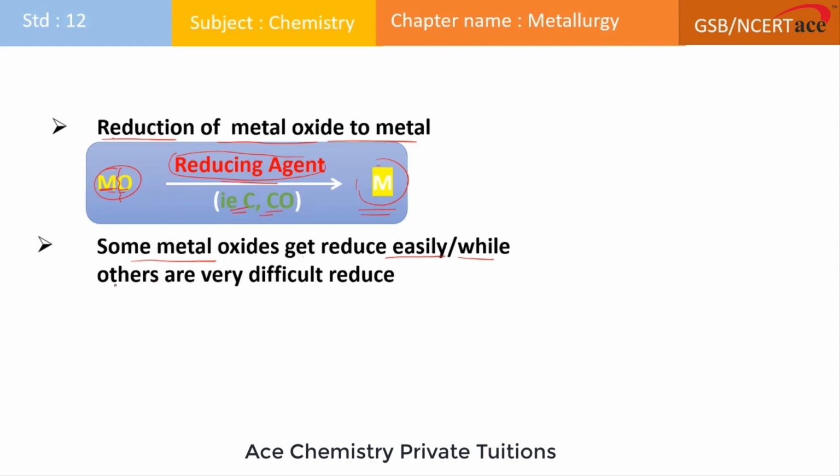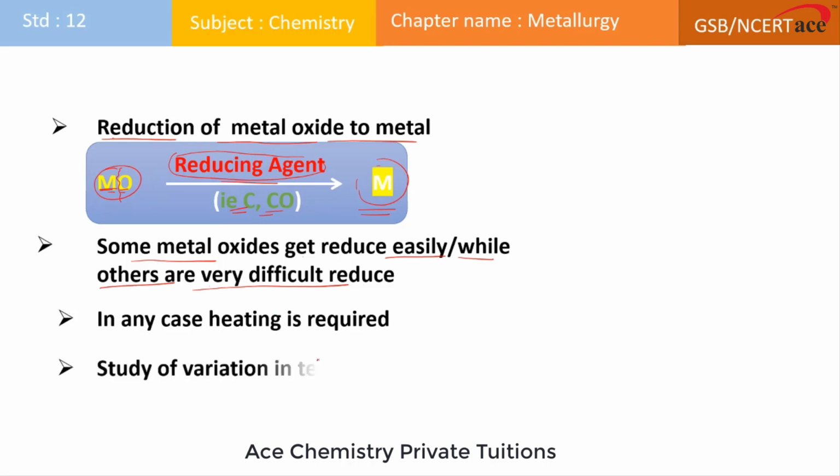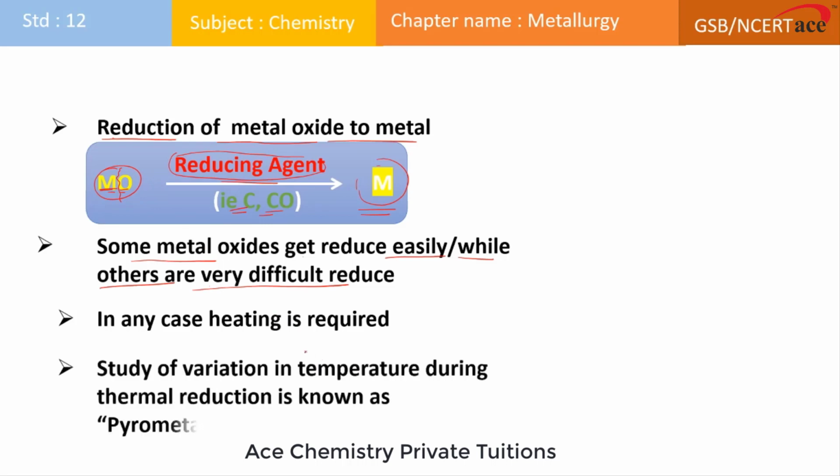So if a metal is more reactive, it is very difficult to reduce its oxide. Whether you take less reactive or more reactive metal oxides, in both cases of reduction, we require what? Heating. So it is very important for us to know the variation of temperature and the feasibility of the reaction.